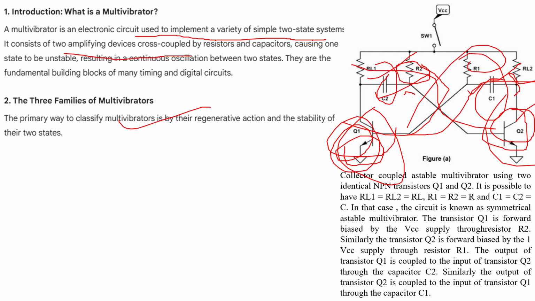The output of transistor Q1 is coupled to the input of transistor Q2 through capacitor C2. Similarly, the output of transistor Q2 is coupled to the input of Q1 through C1.